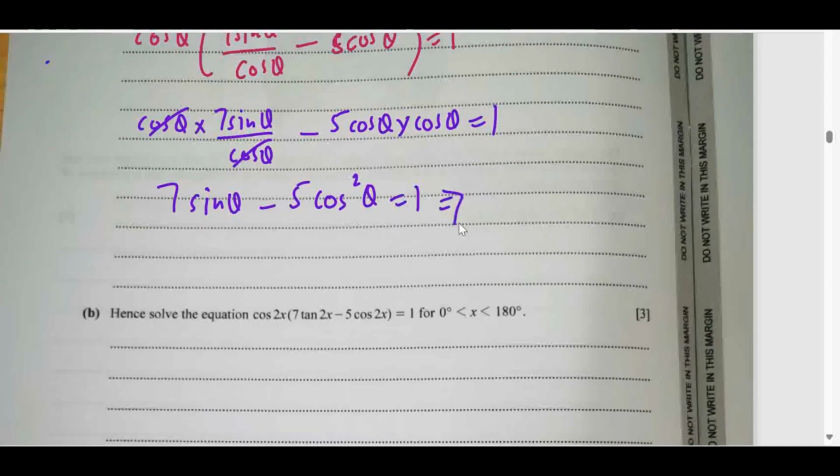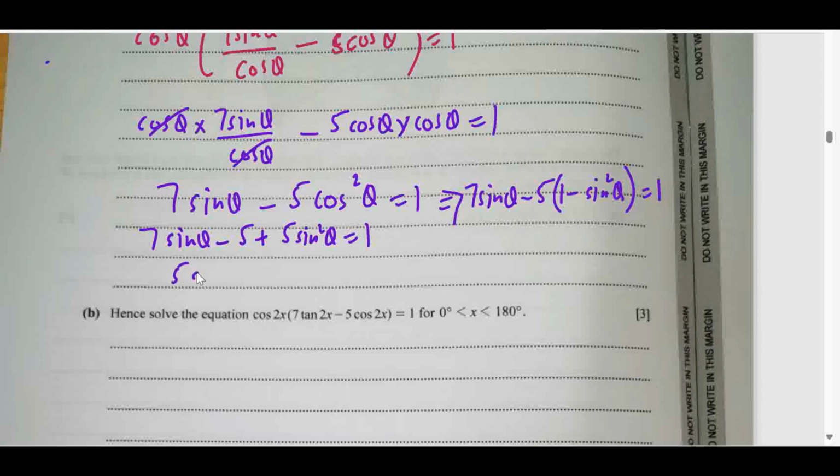So we can write 7 sine theta minus 5 into 1 minus sine square theta. Now this will be 7 sine theta minus 5 plus 5 sine square theta is equals to 1. So 5 sine square theta plus 7 sine theta minus 5 minus 1, minus 6, is equals to 0. So this will be the final answer.